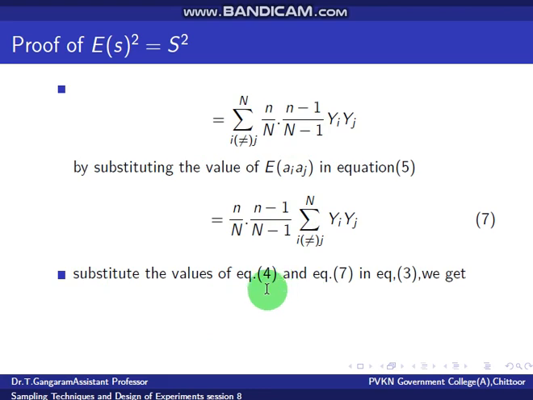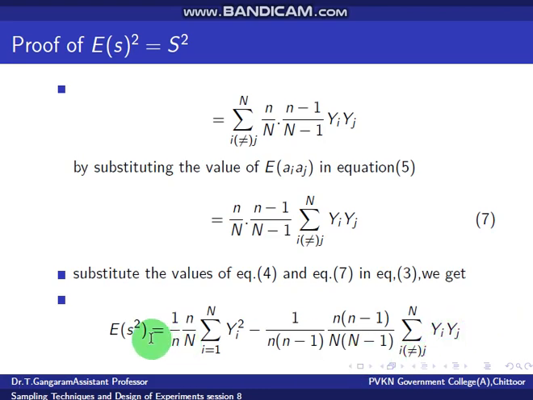Substitute the values of equation 4 and equation 7 in equation 3. That is, expectation of small s square is the equation 3. We are substituting the value of i is equal to 1 to small n here. This value is expectation of i is equal to 1 to small n small yi square.